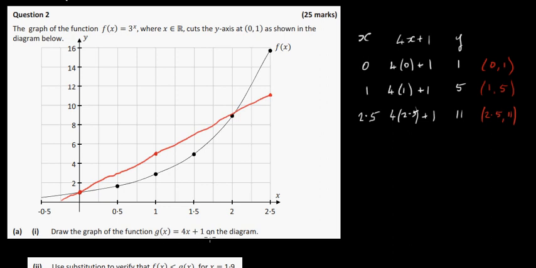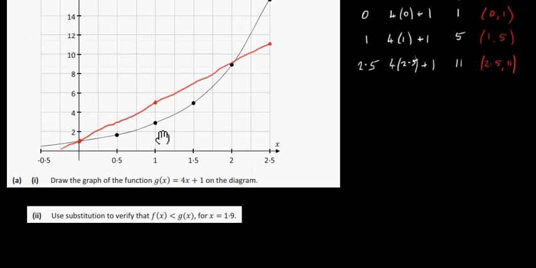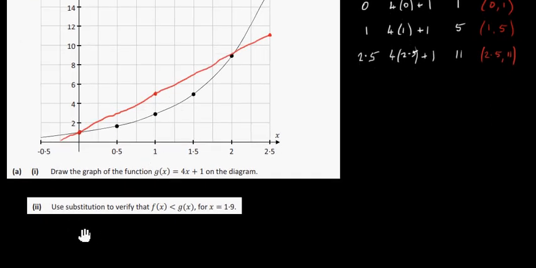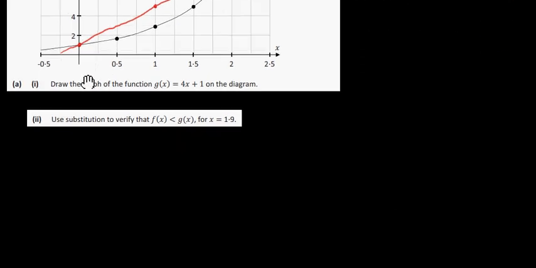Draw a graph of the function on the diagram. Okay, so next thing it says verify that f of x is less than g of x for x equal to 1.9. We've got to use substitution. So you've got to put 1.9 into each function. So let's do that.